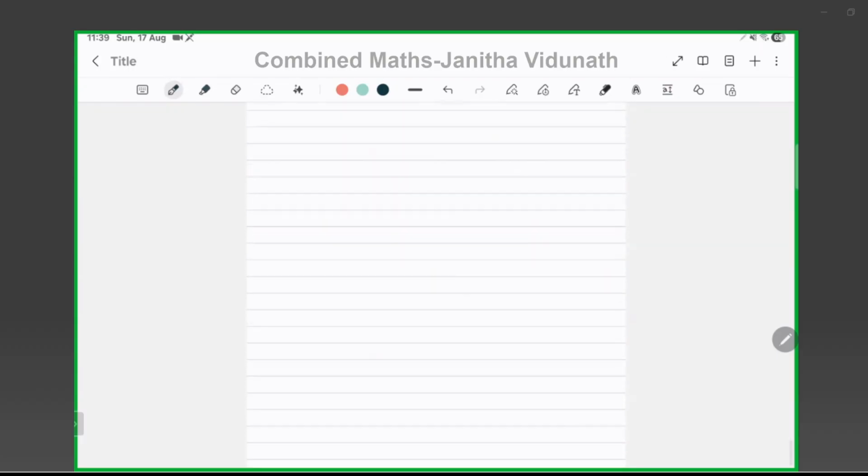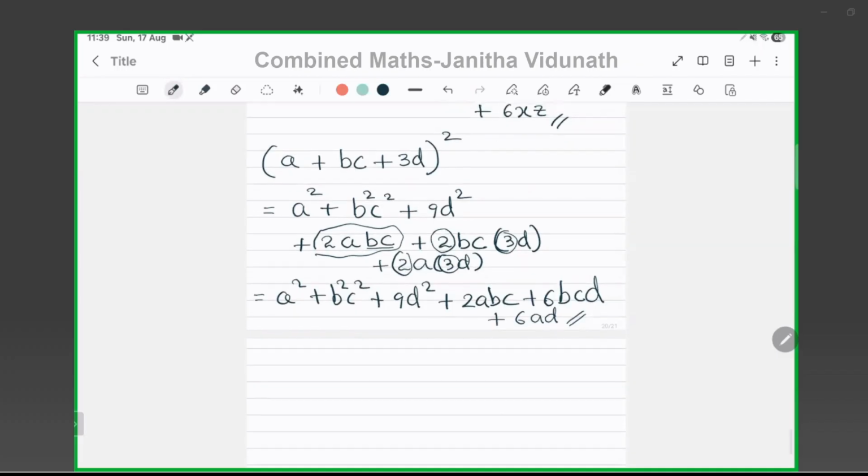Write down this, and I will give two questions to do on your own. First one is (3x + 2y + 5) whole square, and the other one is (ab + ac + bc) whole square.